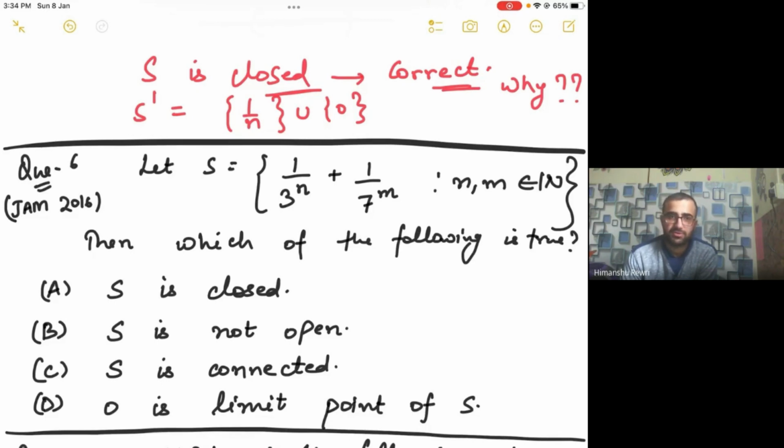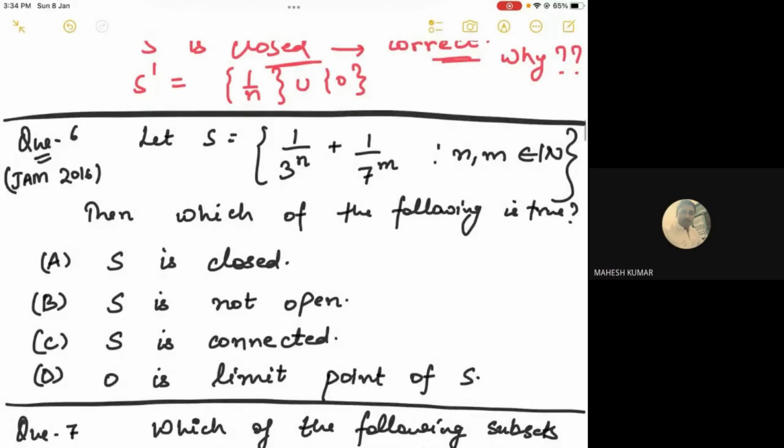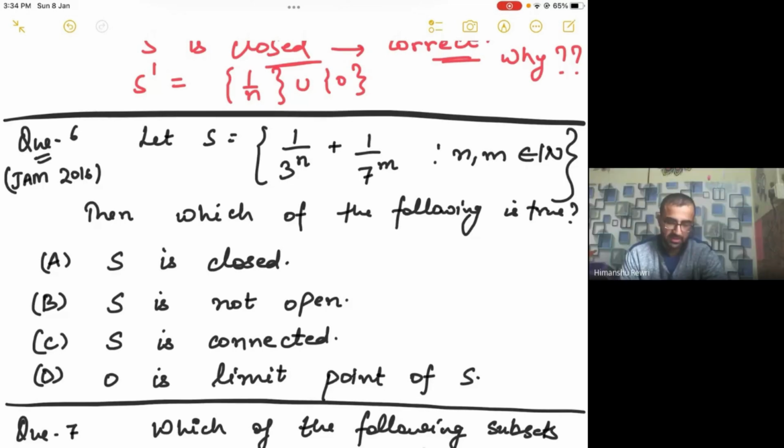S is closed, S is not open, S is connected, and 0 is a limit point of S. Option D must be true. Okay. What about other options?